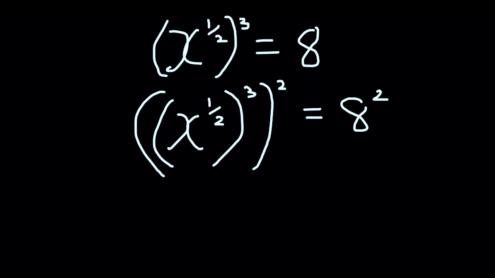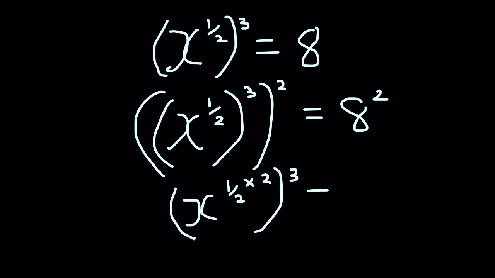So bring these two inside. We have x to the power of half times 2, into bracket, to the power of 3, which gives us 64 at the right hand side. Okay, from here this cancels this, so we then have x to the power of 3 equals 64.